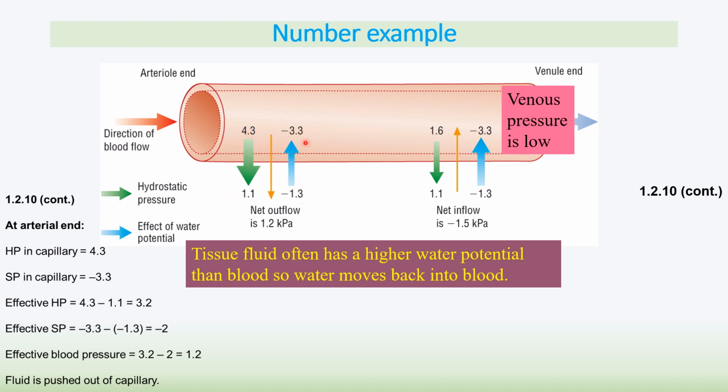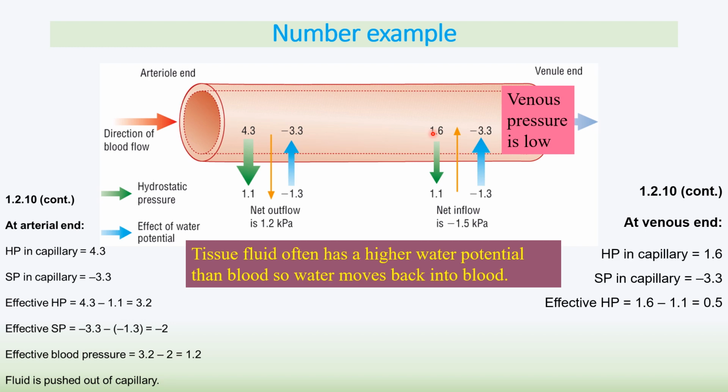So overall 3.2 minus 2, 1.2 out, whereas at the venous end you have the decreased hydrostatic pressure, so there it's only going to be 0.5, but you have minus 2 going in, so overall minus 1.5, which means it's an inflow of 1.5.